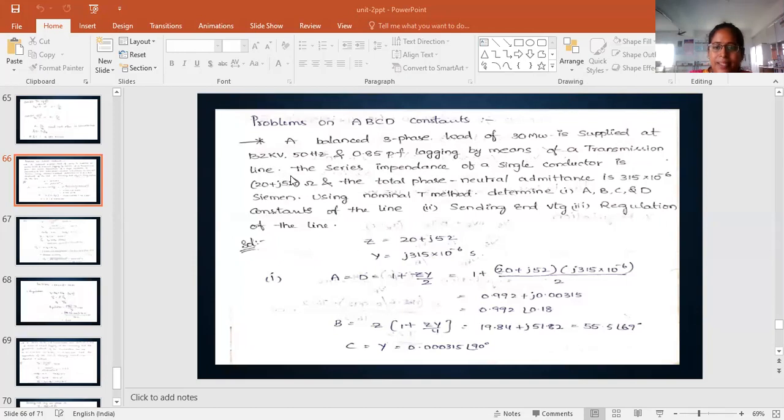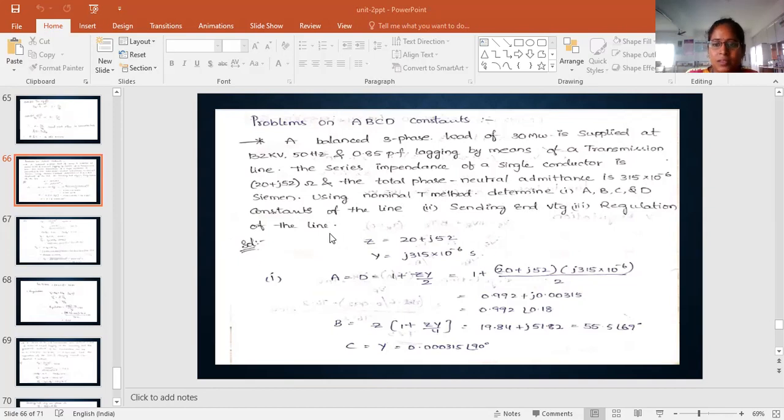The series impedance of a single conductor is 20 plus j52 ohms, and the total phase to neutral admittance is 315 times 10 power minus 6 Siemens. Using the nominal T method, determine the ABCD constants of the line, and second, the sending end voltage and the regulation of the line.